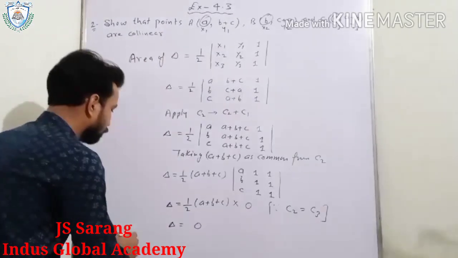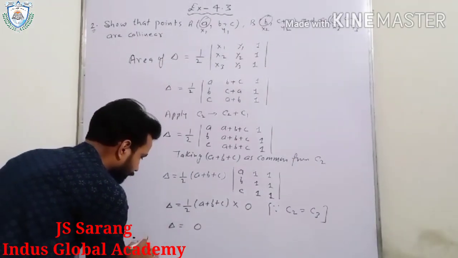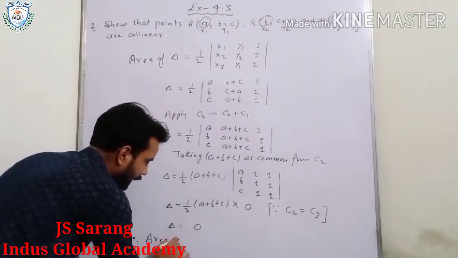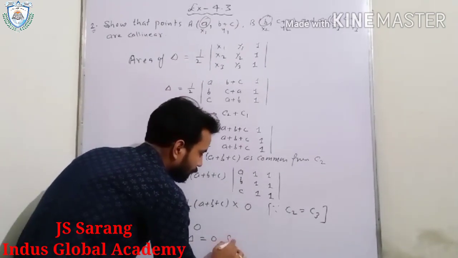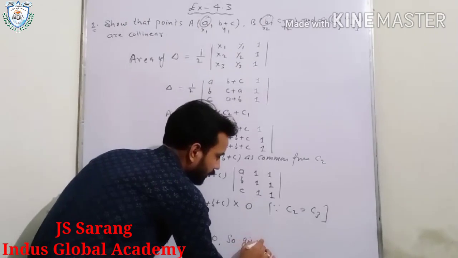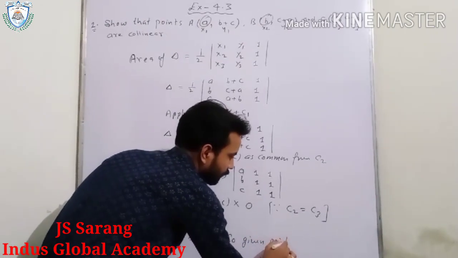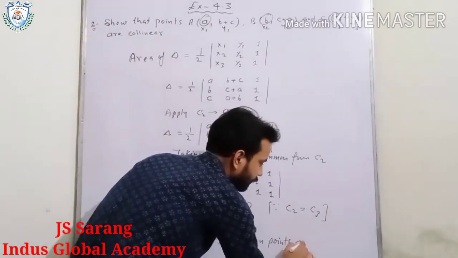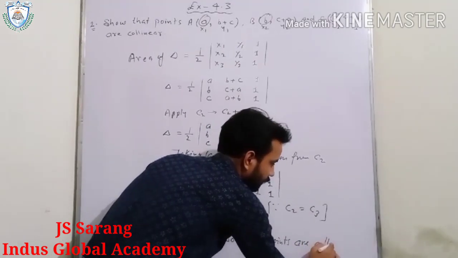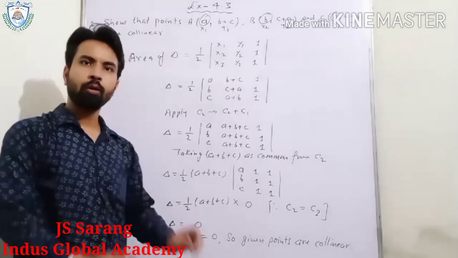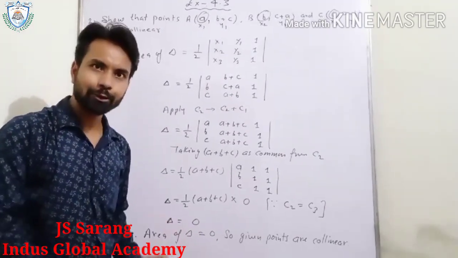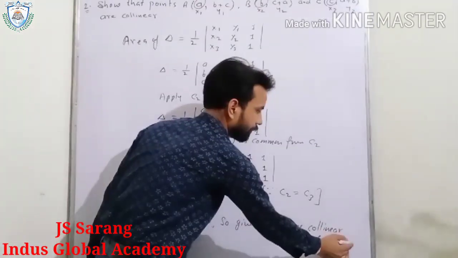So at last we have to write: since area of triangle equals 0, the given points are collinear. Clear? Hope it is clear to everyone. Understood? Good.